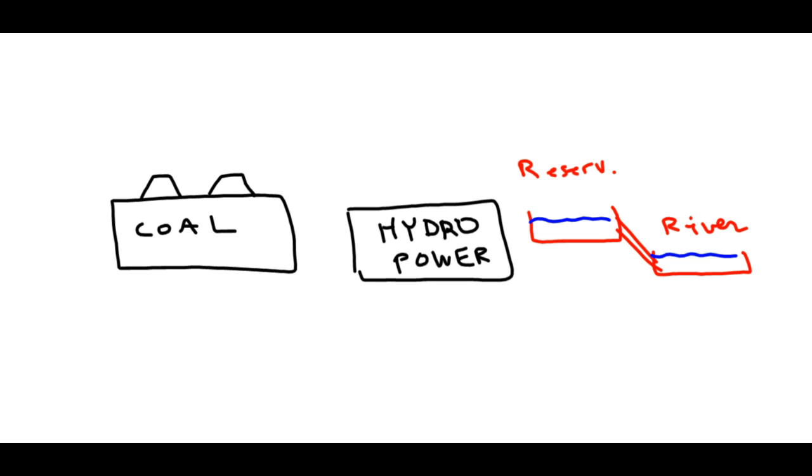As it falls, it loses its potential energy, and that potential energy turns into kinetic energy, which spins a turbine, which we draw as a bow tie, right? And guess what? That turbine is connected to a generator. So it rotates when the water passes through, producing electricity in the generator.